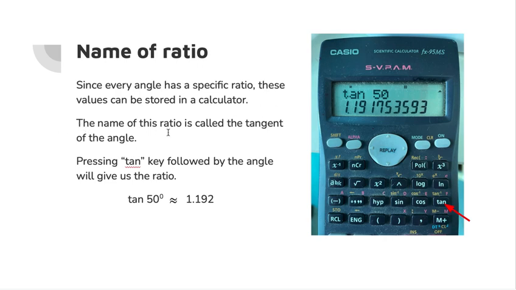The name of this ratio is called the tangent of the angle. The key is located on the extreme right-hand side of the calculator. Pressing the tangent key followed by the angle will give us the ratio. And remember that the ratio is always given as a decimal.